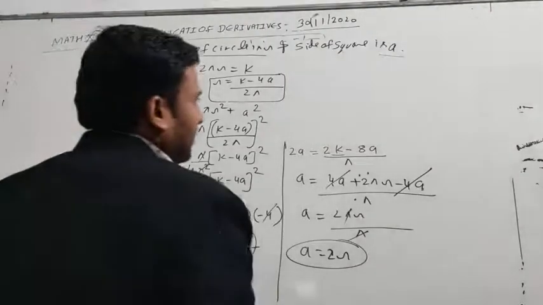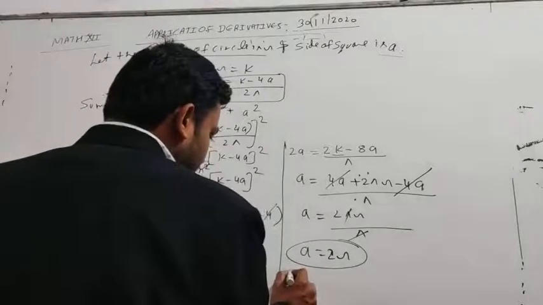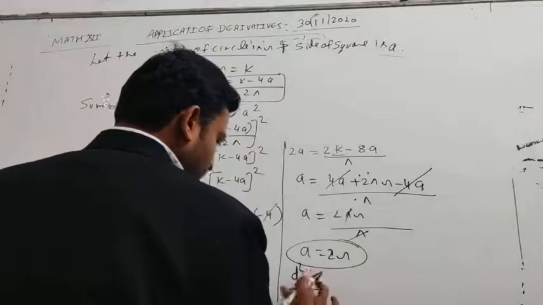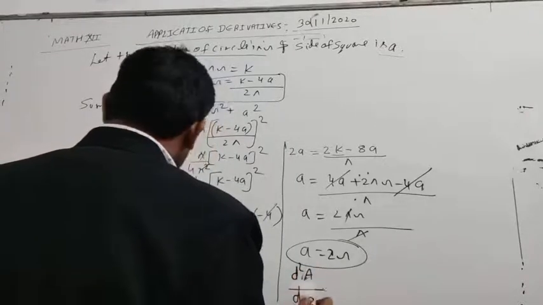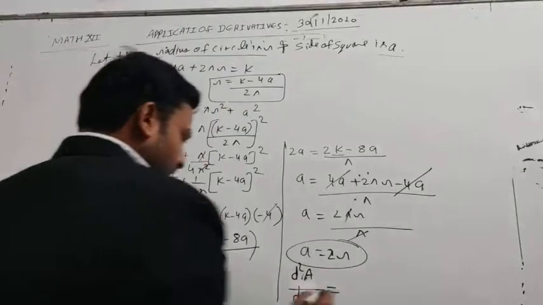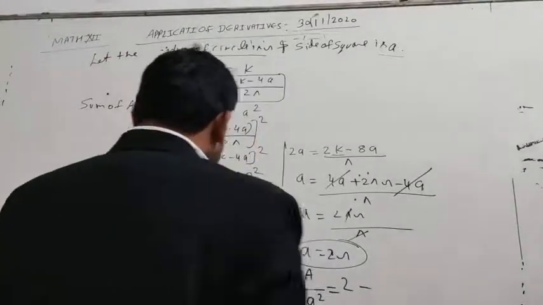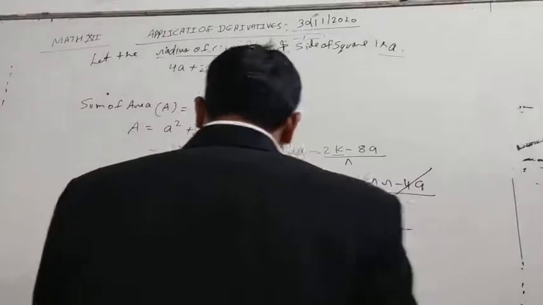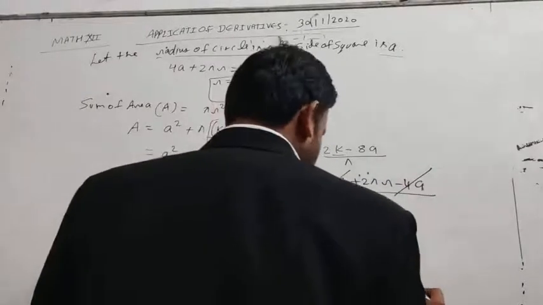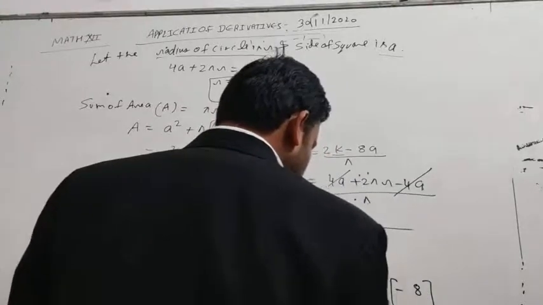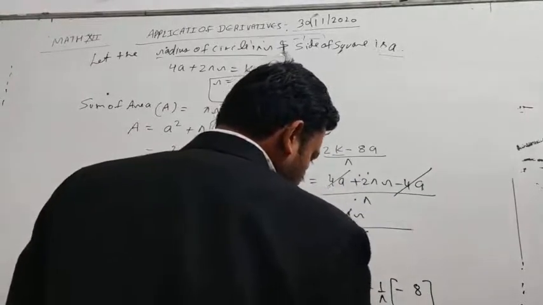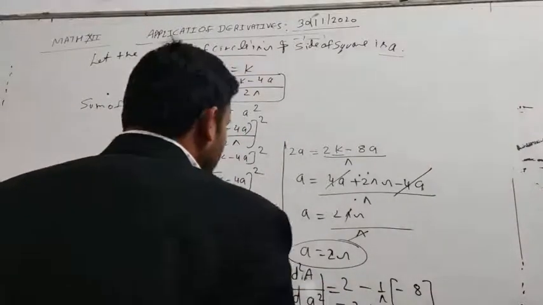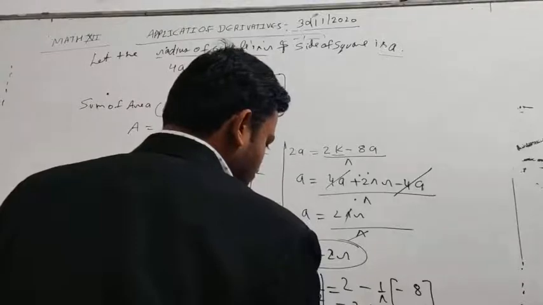So the second derivative d2A by da square is 2 minus 1 by pi times minus 8, so it will change to positive, so it will be 2 plus 8 by pi at the point a is equal to 2r.